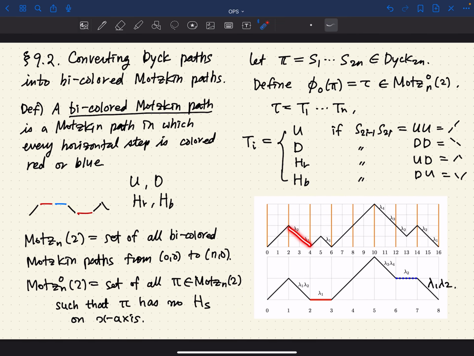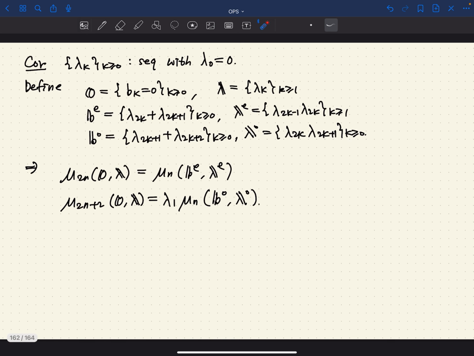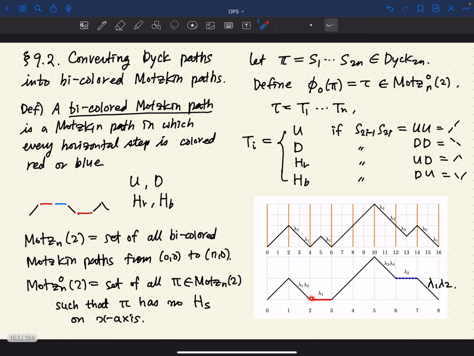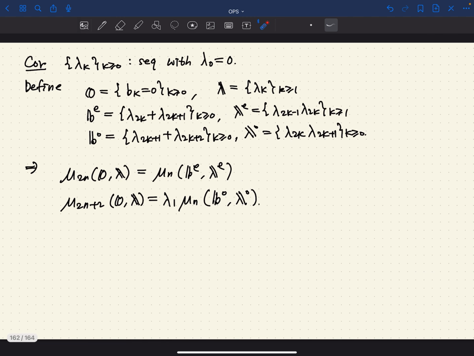So this becomes this, so this is basically lambda E like this. And because for a horizontal step, we may have red or blue, and red and blue both give this and this. Okay, that's why we have a plus here.